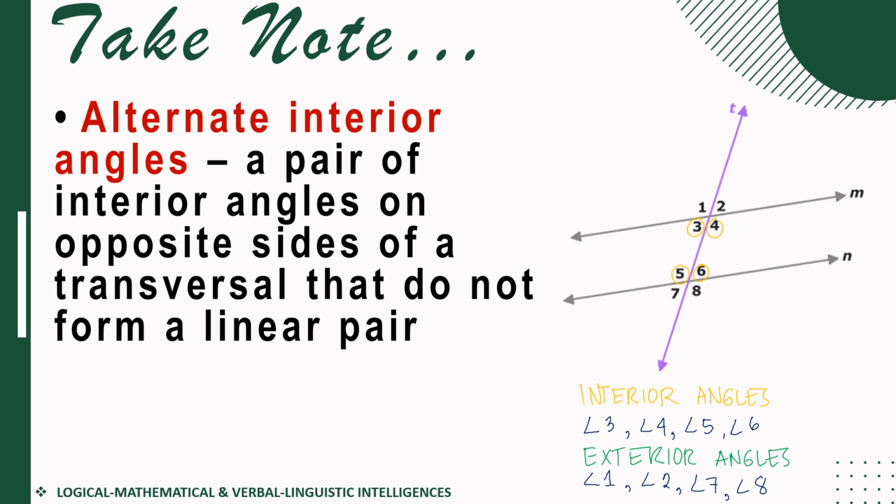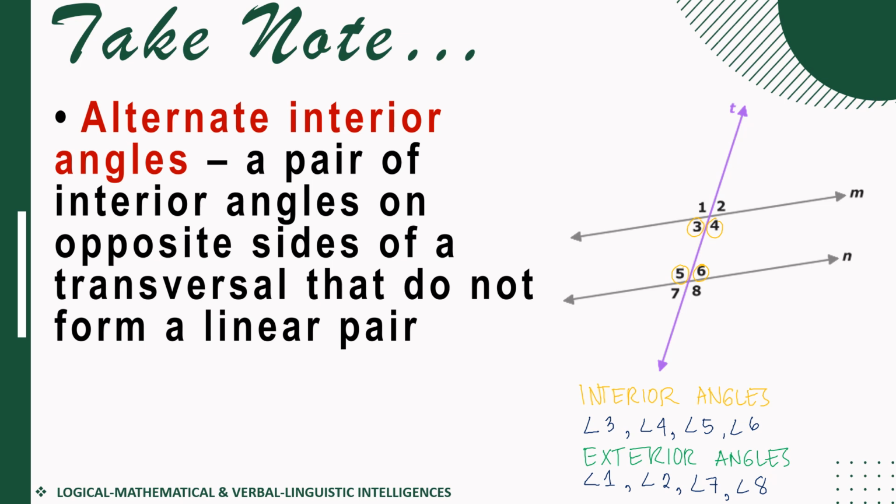Alright, let's start with alternate interior angles. Our pair of angles would be coming from angles 3, 4, 5, and 6 only. By definition, alternate interior angles are interior angles on opposite sides of a transversal.